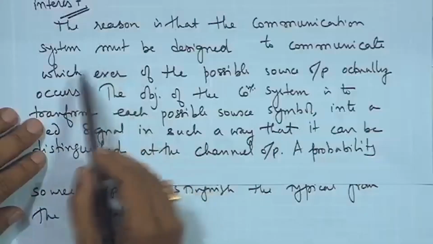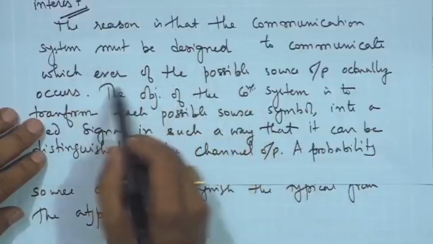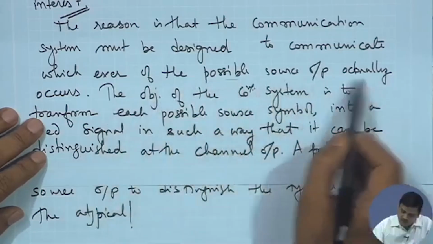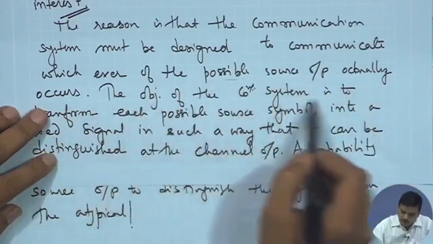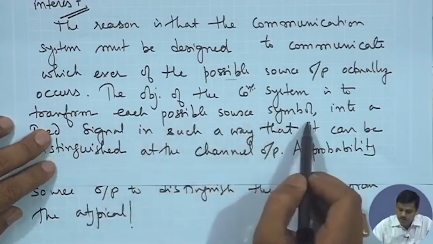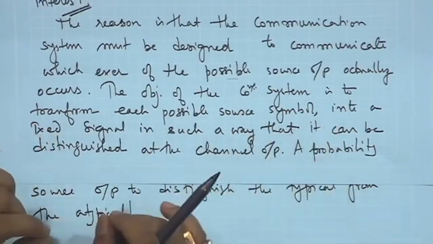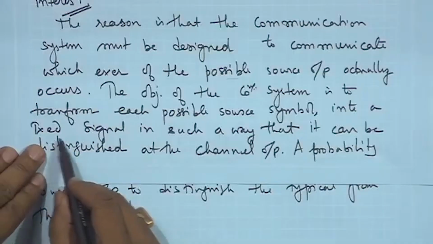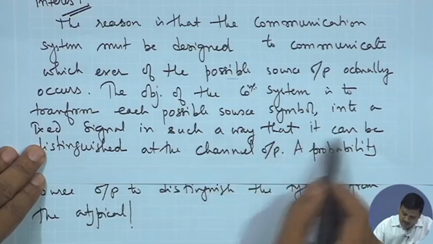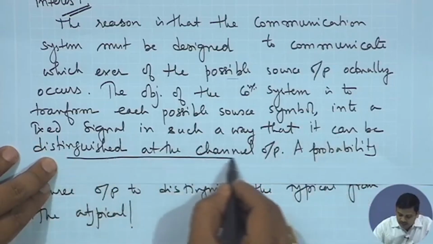So, the communication system must be designed to communicate whichever of the possible source output actually occurs, and the objective of the communication system is to transform each possible source symbol, that means the 0 or the 1, into a particular waveform. That is what we have said earlier, but now we are refining it in a little bit better way, that the transmitted signal can be distinguished at the channel output.